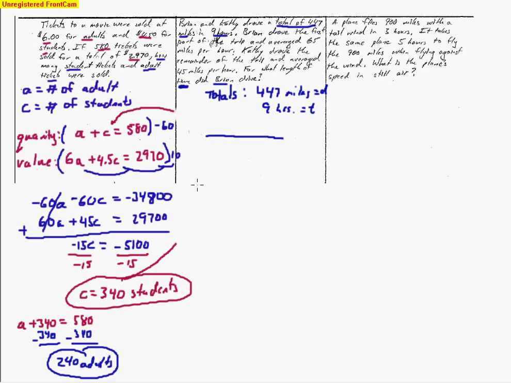Here's our little picture. We've got 447 miles. That's the total distance from this point to this point. So that's a total distance. That's why I'm drawing a little line to show that's a total. And Brian drove a certain amount. Well, let's call Brian's distance D. Okay, so that's the distance he drove.